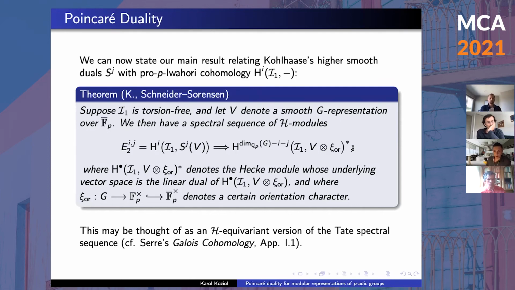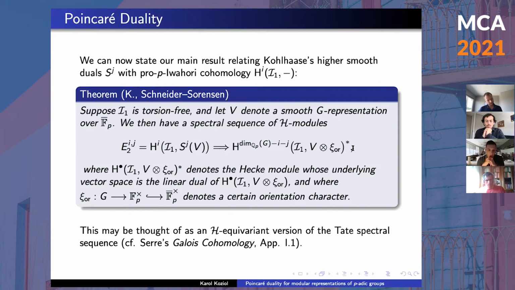Right. So this is the main result, and I want to talk about a few more related results, but are there any questions on this theorem just before I go on? Okay. And just a few words about the proof.